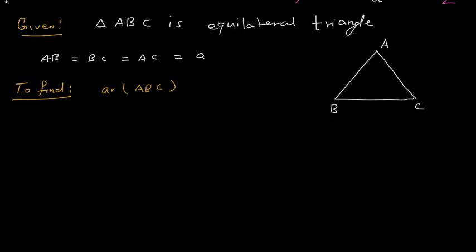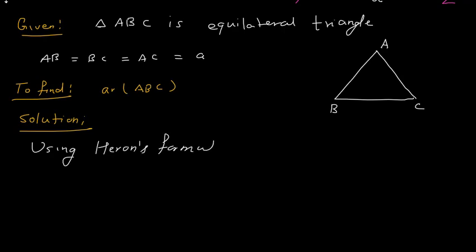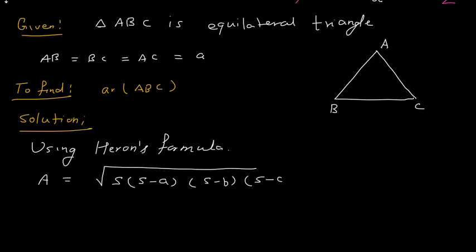Now in the solution, I will say that using Heron's formula, area is equal to root of S into S minus A into S minus B into S minus C. Now here S is equal to, all the three sides are A, so it is A plus A plus A divided by 2.